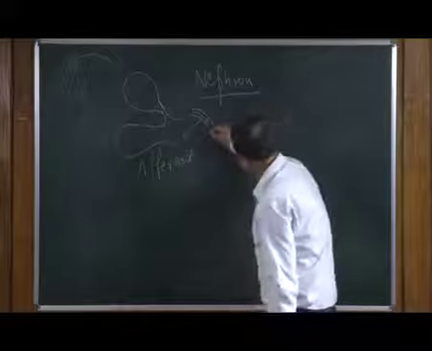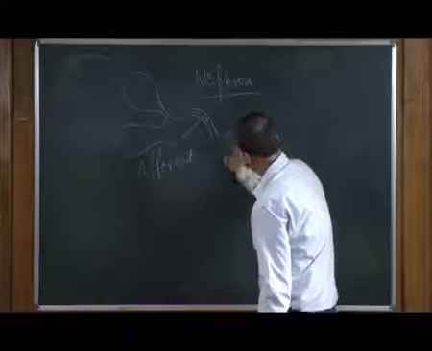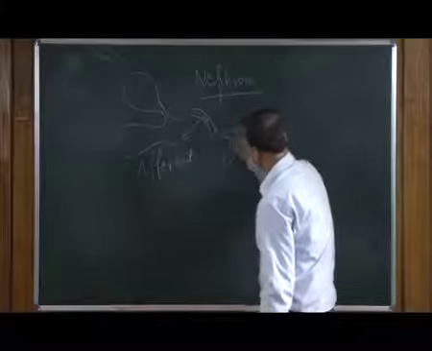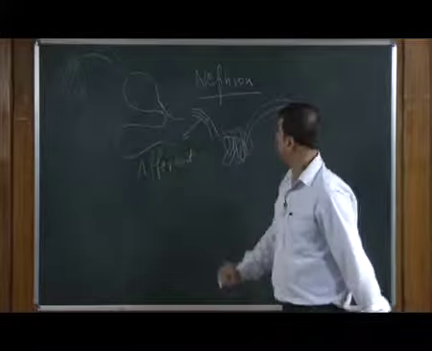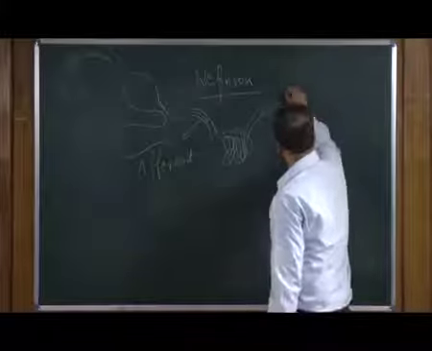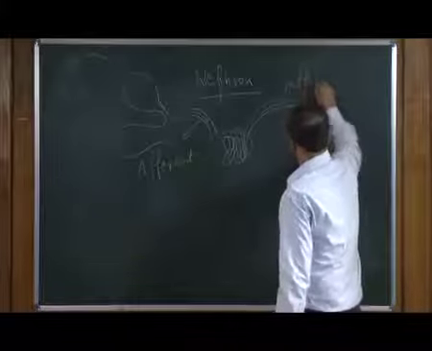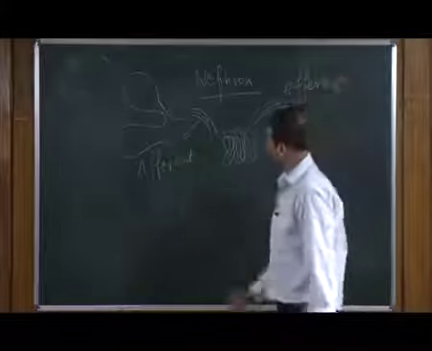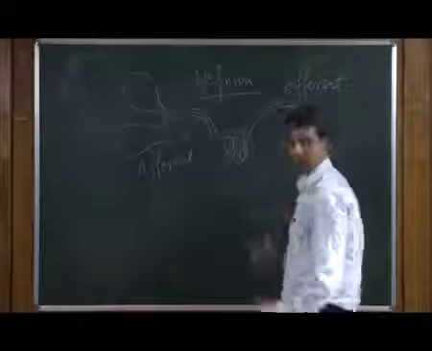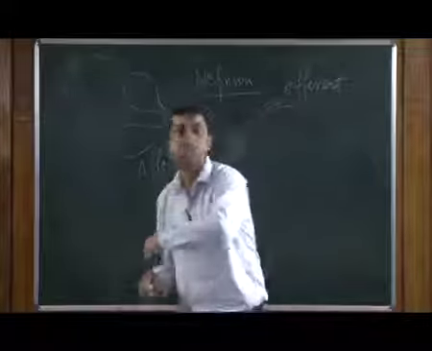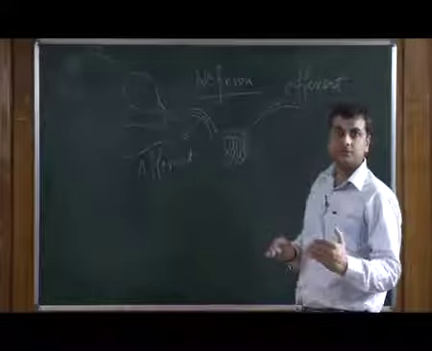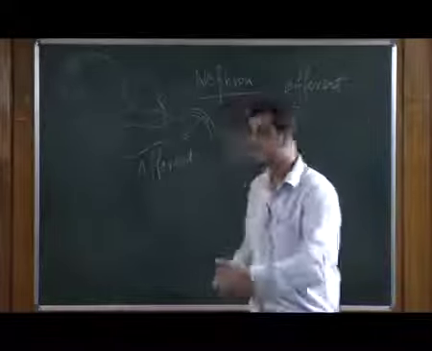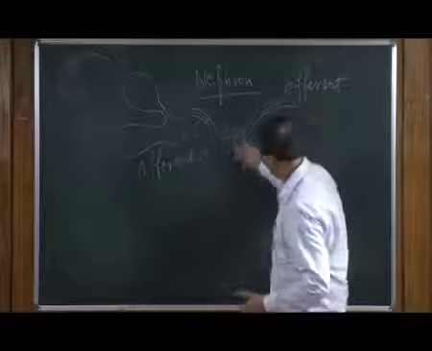This afferent duct has a lot of convolution inside, and we will see it in detail. Then something is going out, and this outgoing duct is called efferent. Afferent duct is the one carrying blood towards the nephron, and efferent duct is the one carrying it out from the system.